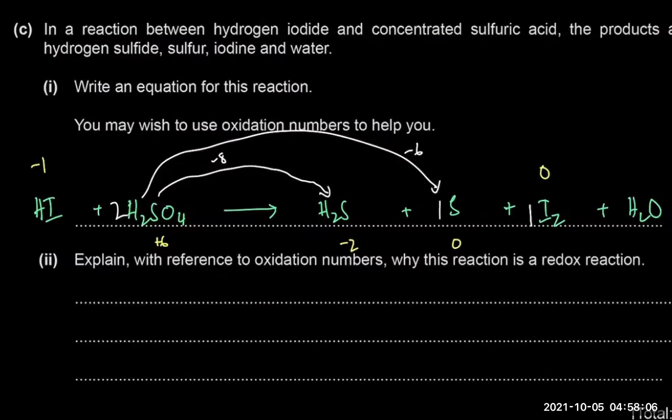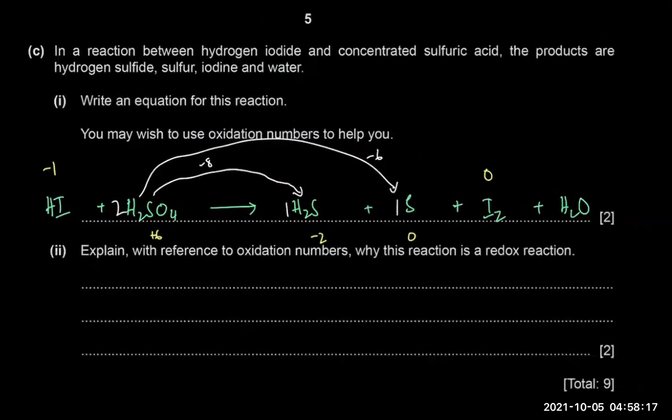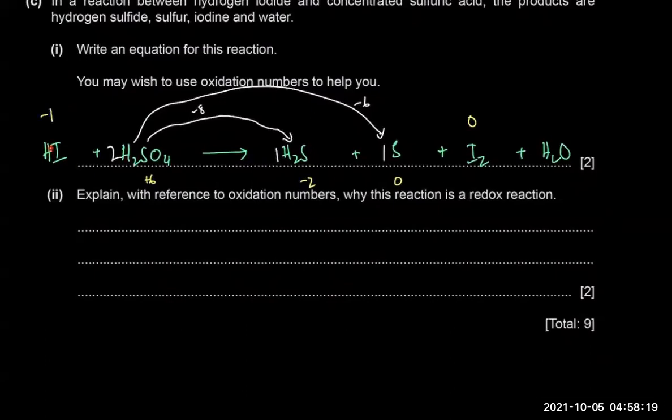Agreed? Oh, sorry, what did I write? One sulfur atom is decreasing by -6, one sulfur atom is decreasing by -8, so 2 sulfur atoms are decreasing by -14. Then how many iodine atoms will we need to increase by +1? We'll need 14. If sulfur is decreasing by -14 for 2 sulfur atoms in total, so that each iodine goes up by +1, we're going to need 14 of them to balance the changes.